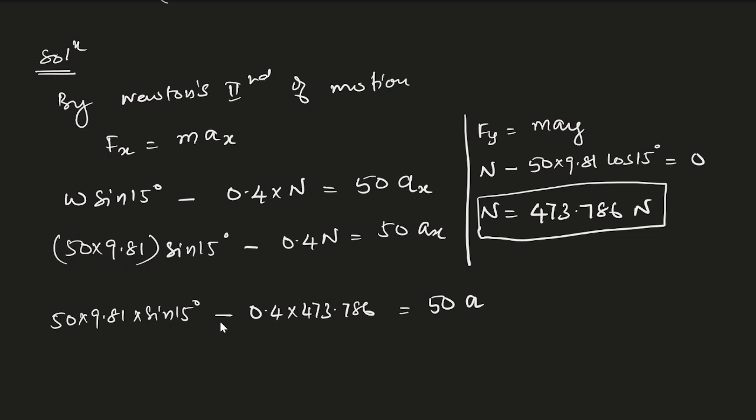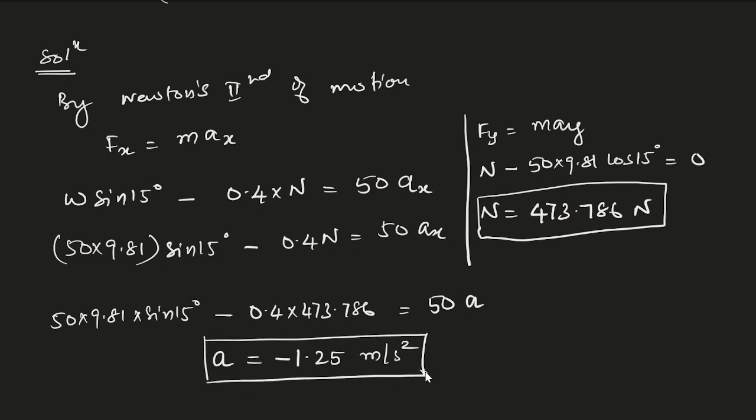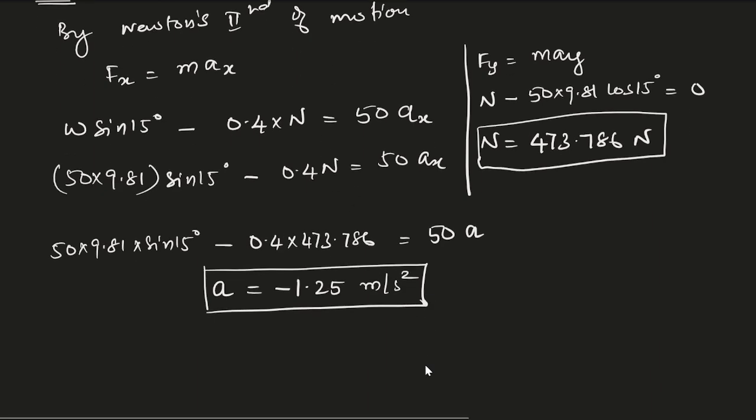I got the value as a equal to minus 1.25 meters per second squared. In this problem we got a as negative. Now we have found the acceleration of the block.